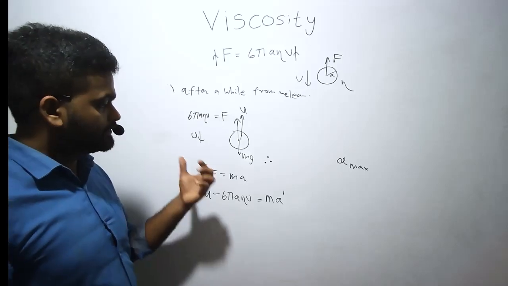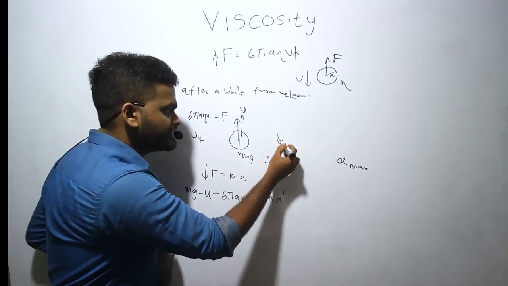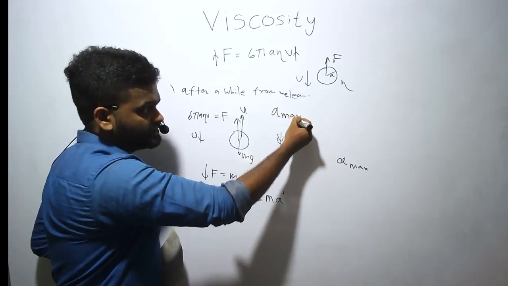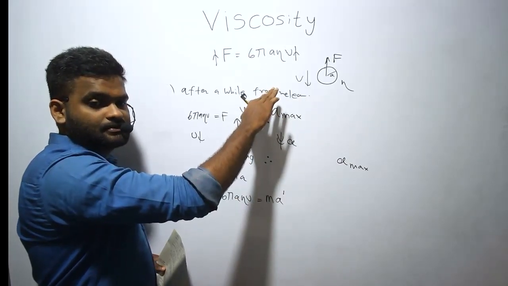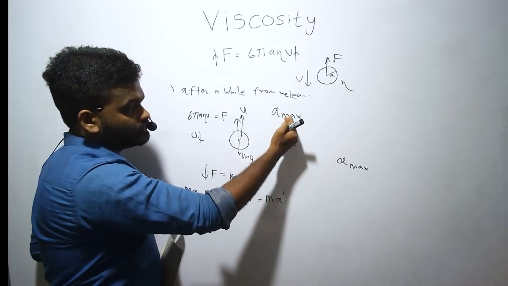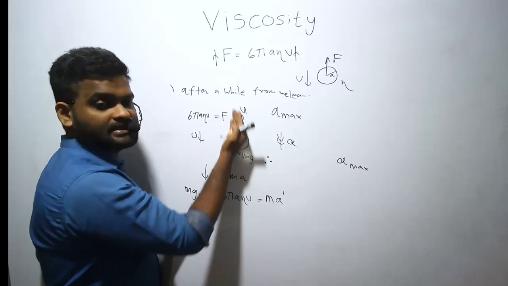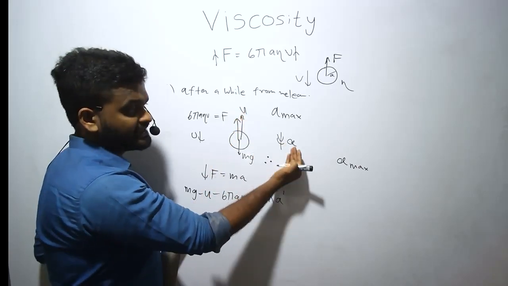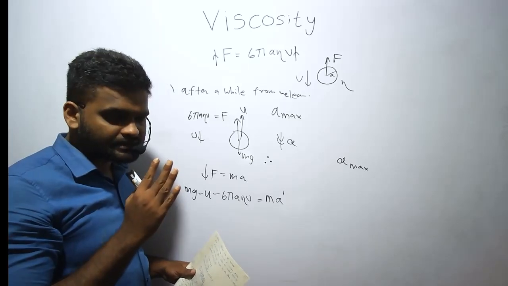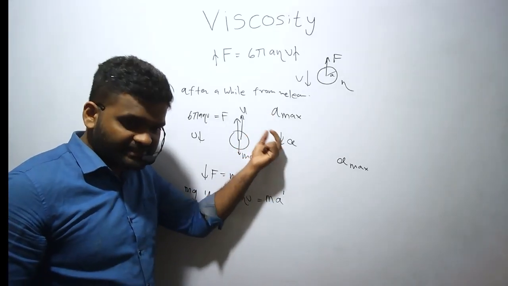So you have to understand now, initially this has a max when velocity is 0, but it gains some velocity. Now acceleration is less because there's a force acting in the opposite direction. Acceleration is less. It doesn't mean velocity is decreasing.